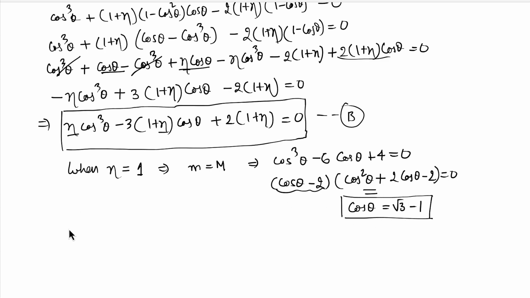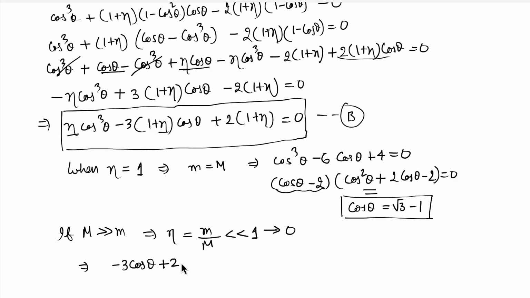And now the question is asking if M is really greater than m, that means eta, which is m by M, is really less than 1. So it tends to 0. So then what we get is minus 3 cos theta plus 2 equal to 0. And that is cos theta is 2 by 3.